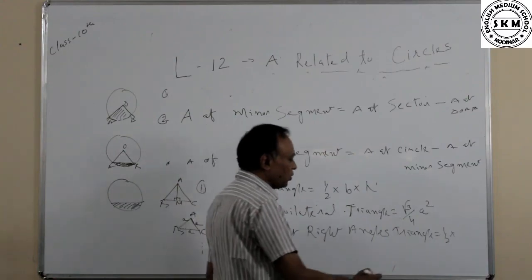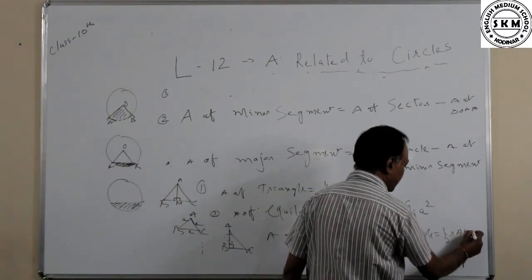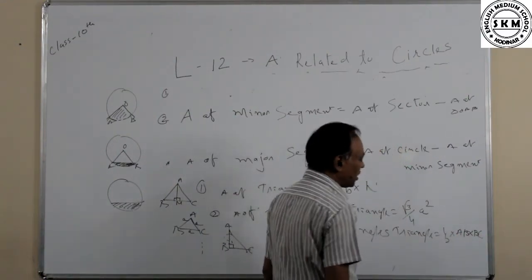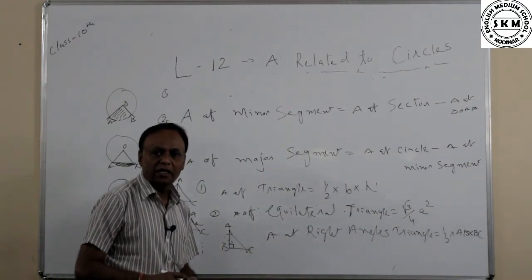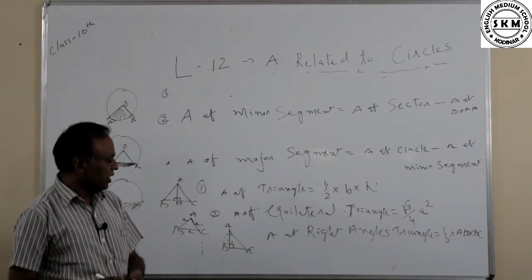That means half of the product of the two sides containing the right angle.